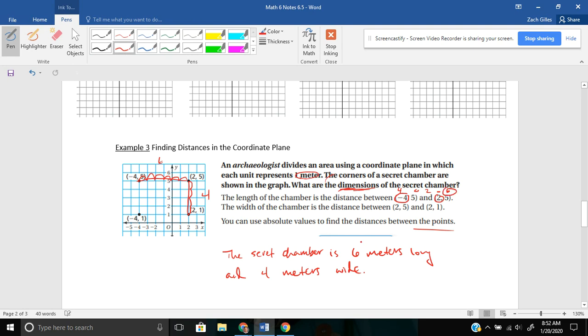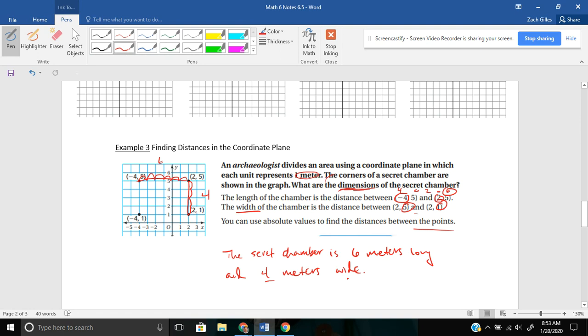And notice that's the same we got for our distance of how long it was. And then for the width of the chamber, we go from 5 to 1. So 5 to 1 would be a difference of 4. And that's the same that we got there by just counting.